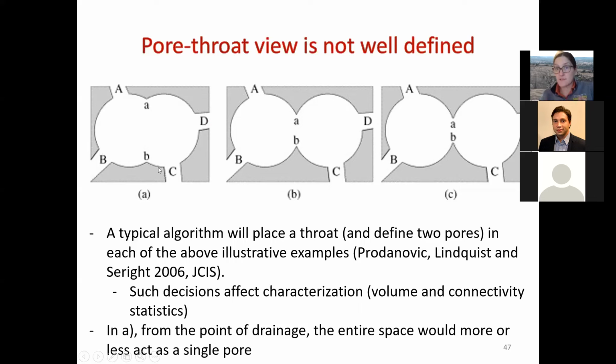So from a drainage standpoint, this is all one pore. Even if my radii are not very different, I'm not going to make a real mistake. I'm just going to immediately invade, and this throat is not going to stop the invasion. So in that sense, possibly it doesn't even matter how you define it, as long as the connectivity is correct.